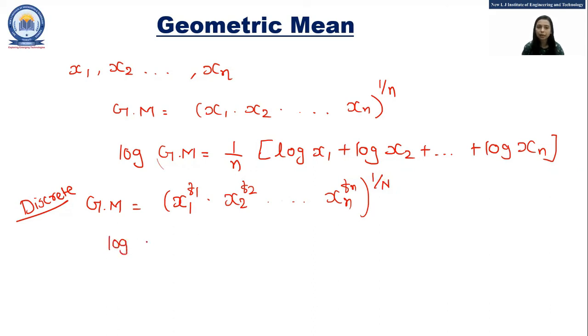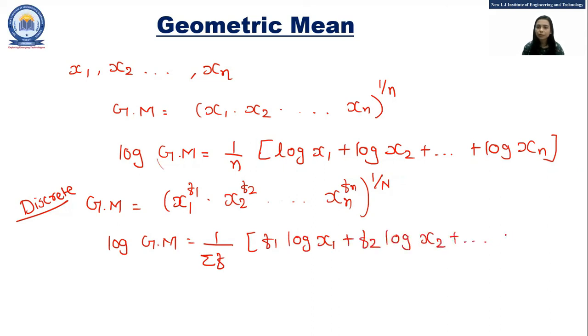By taking the log, log GM is equal to 1 by sigma f, or 1 by capital N, times f1 into log x1 plus f2 into log x2 plus up to fn into log xn. If you are given a continuous series, first you have to find the value of x, and then you can apply this same formula.